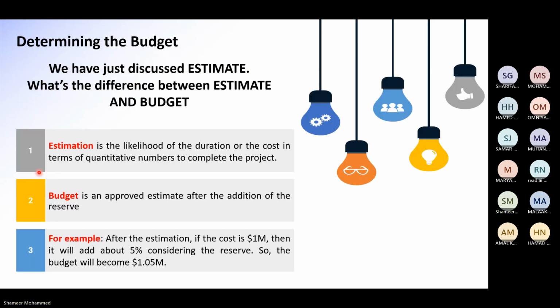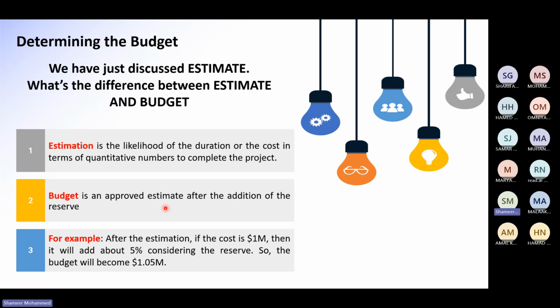Now, how to do the budget of the project? We have just discussed the estimate. So what is the difference between the estimation and the budget? Estimation is the chances of the duration or the cost of the project. Budget is an approved estimate.